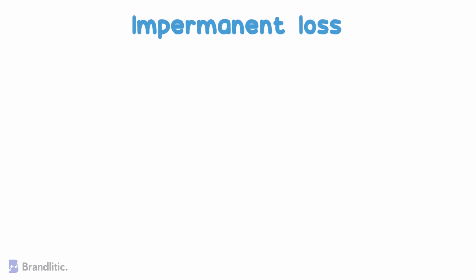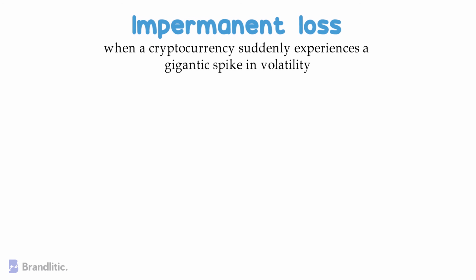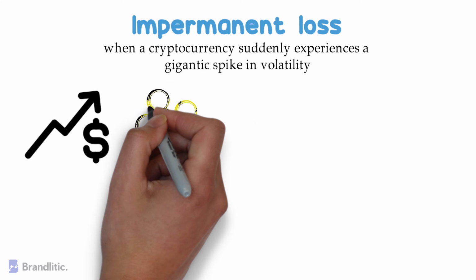Next, you should also know about something called impermanent loss. It is another risk unique to yield farming. But in this case, the risk isn't tied to security, but instead, impermanent loss occurs when a cryptocurrency suddenly experiences a gigantic spike in volatility. Here, if the asset rises in value, the yield farmer would have made more profits by simply holding the token.